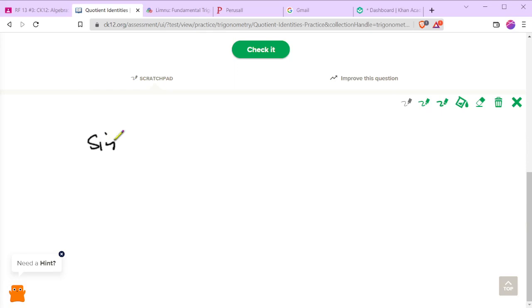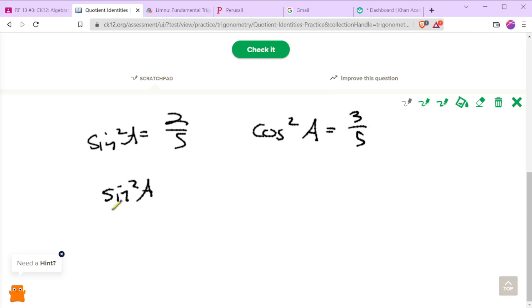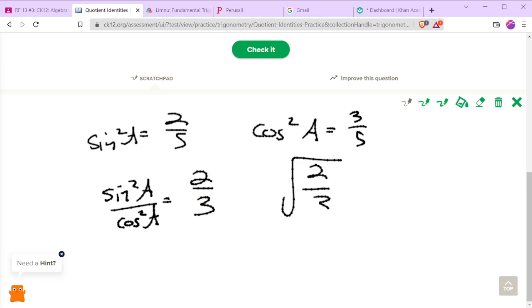Alright, so sine squared a is 2 over 5. Cos squared a is 3 over 5. So sine squared over cos squared is 2 over 3. So sine over cos, which is tan, is root 2 over 3.